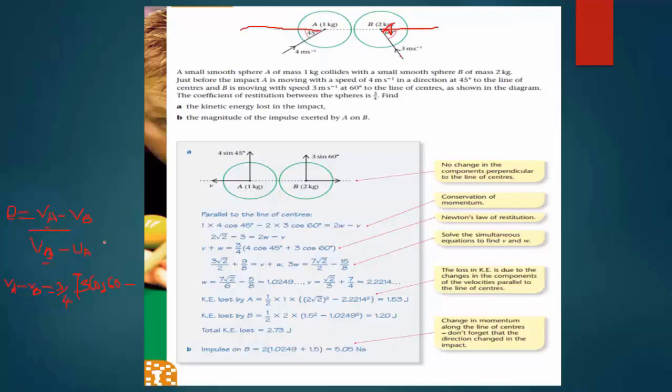Minus UA, so UA we know ilikuwa ni in that way, it was positive, so there is no problem. Minus 4 cos 45.